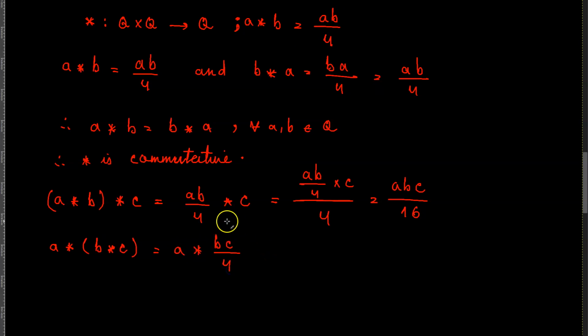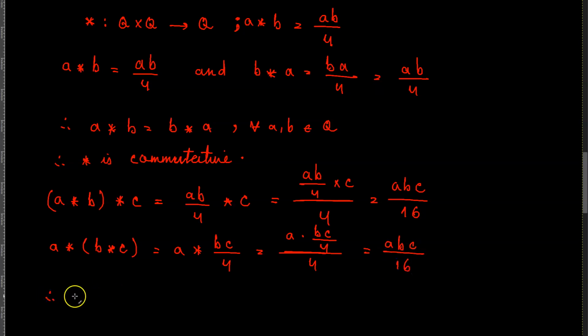Now A star BC divided by 4 is the first and second number multiplied together, which is A times BC divided by 4, which gives you basically ABC divided by 16.